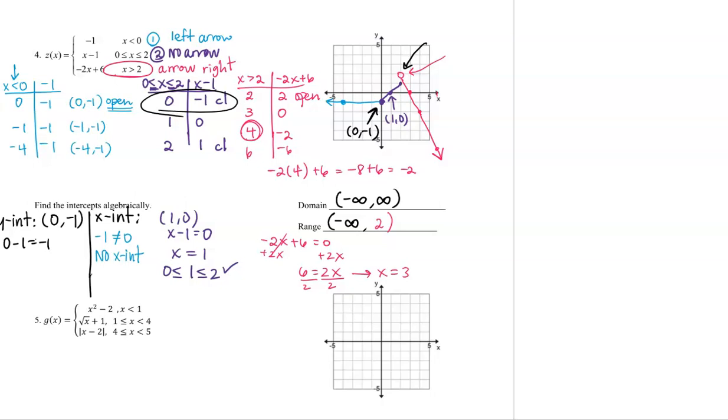The third inequality is only valid for x values that are bigger than 2. And 3 is bigger than 2, so we do have a second x-intercept at (3, 0), which we can see on the graph. So again, when you're finding your x-intercepts for a piecewise function, you need to set all three pieces equal to 0, and then check, does your solution fit the piece of the inequality that you were given?